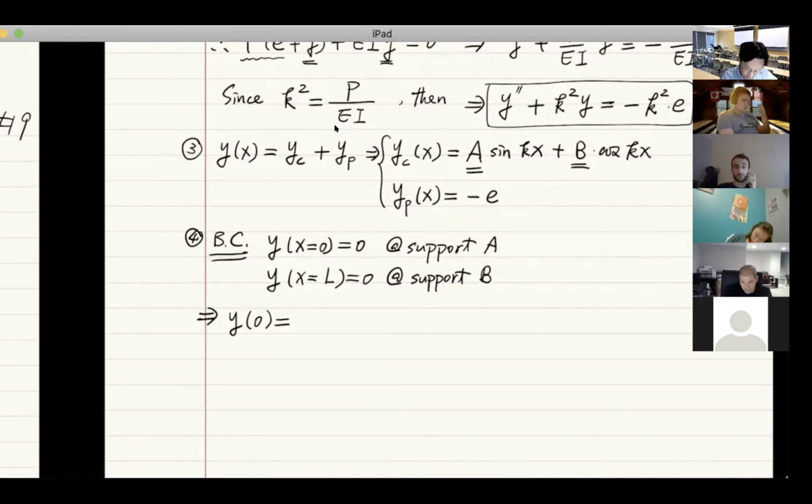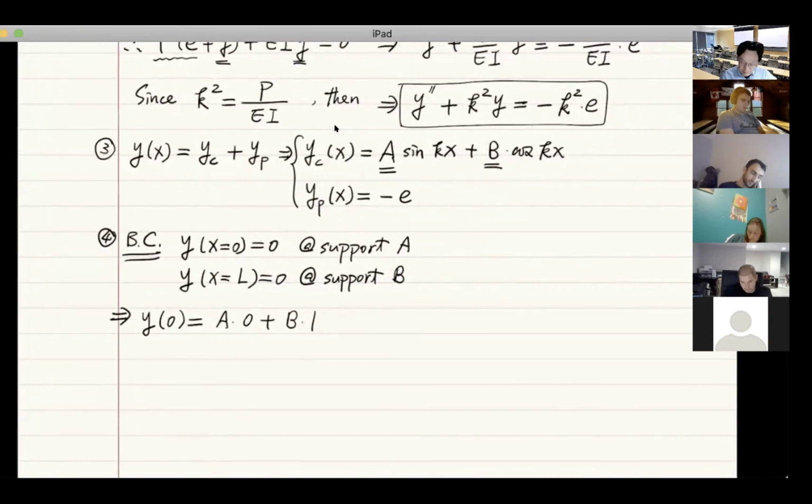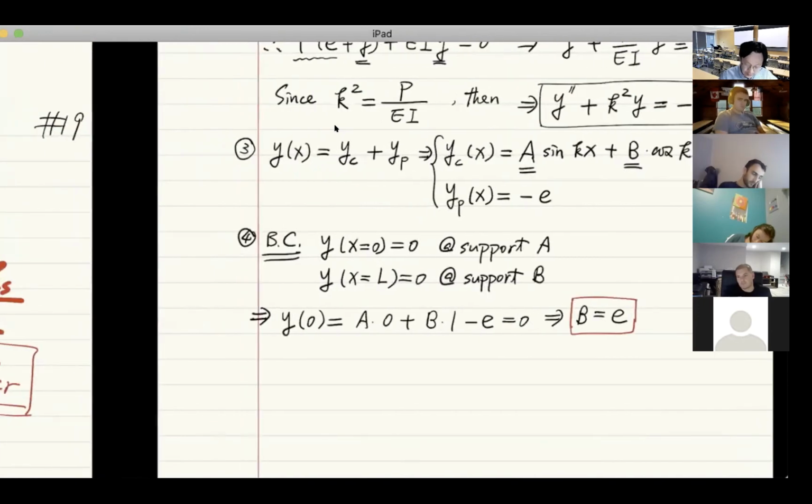Sine 0 is 0, so this is 0, a times 0 plus b times 1, because cosine 0 is 1, minus e must be 0. So from here, we know that the value of b is just e. So this is what we found.